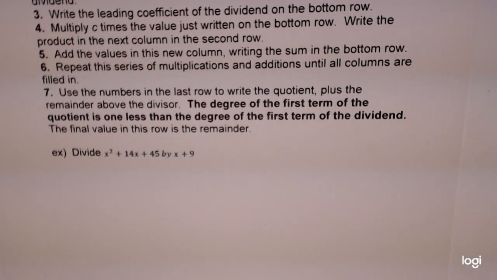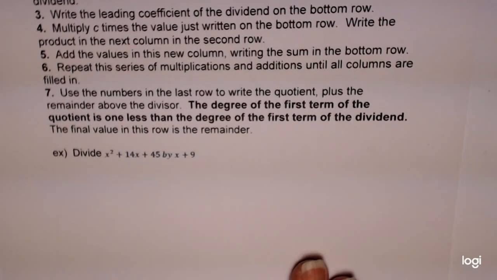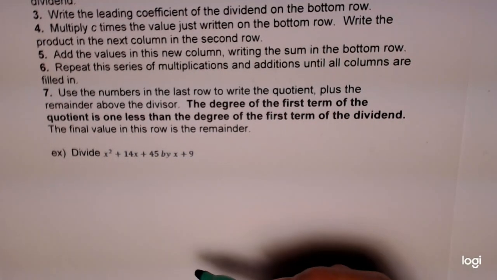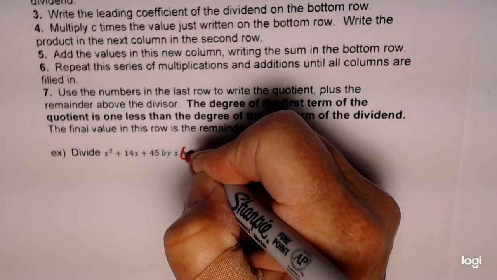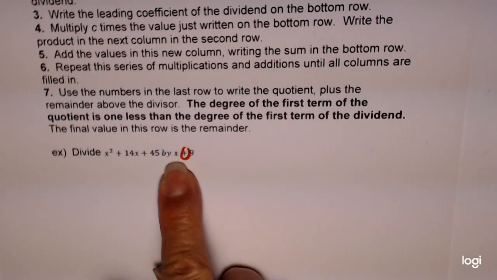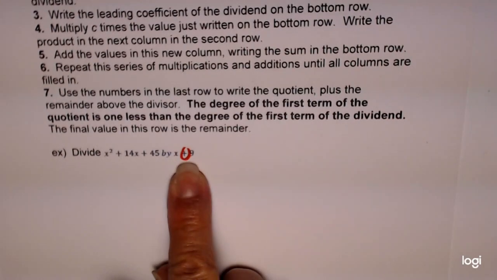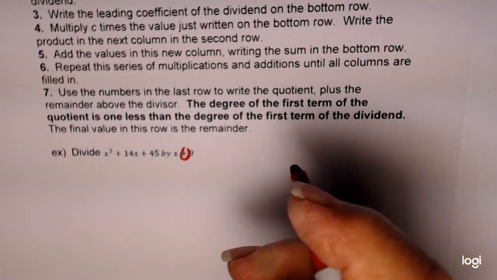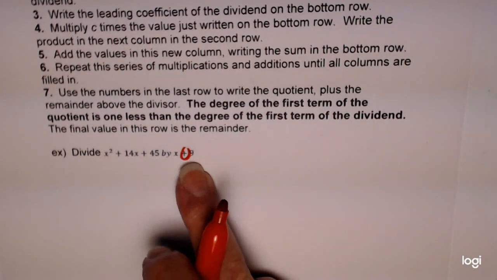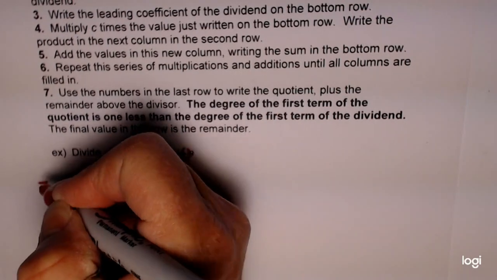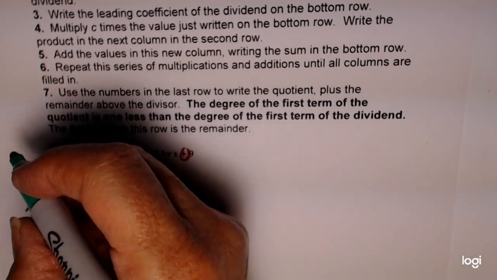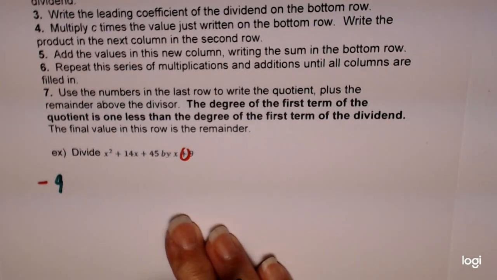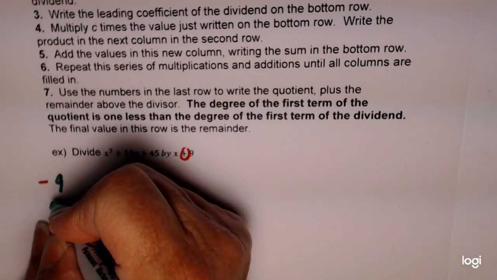So let's get started. To start this process, we take our divisor, this positive 9, and we flip the sign. Because it's positive, now it's going to be negative 9. So that's our divisor.